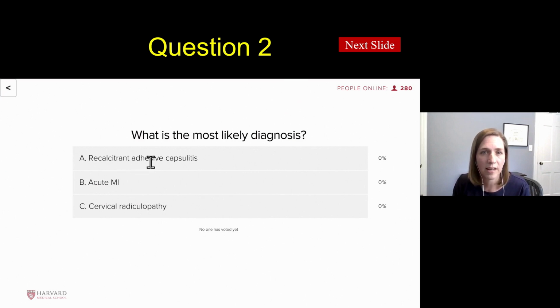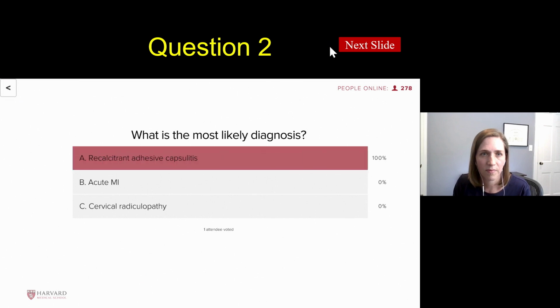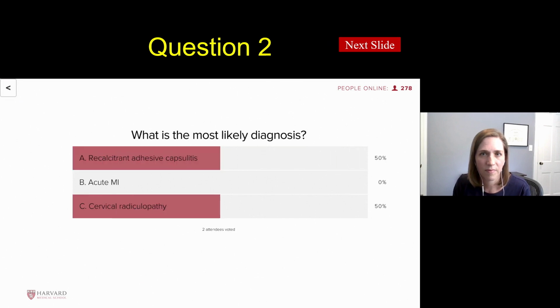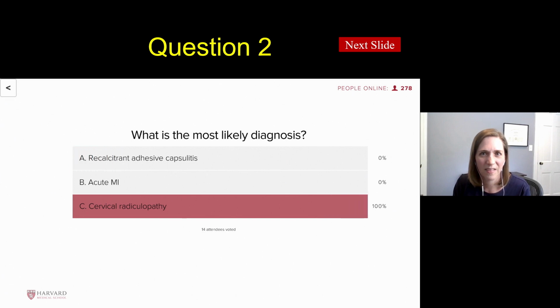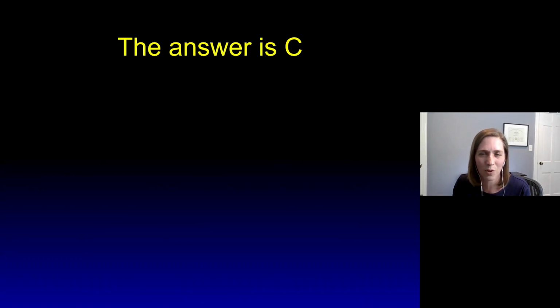A, recalcitrant adhesive capsulitis, B, acute myocardial infarction, or C, cervical radiculopathy. Wonderful. I agree with the majority here that cervical radiculopathy is the most likely explanation. The other two don't make too much sense.